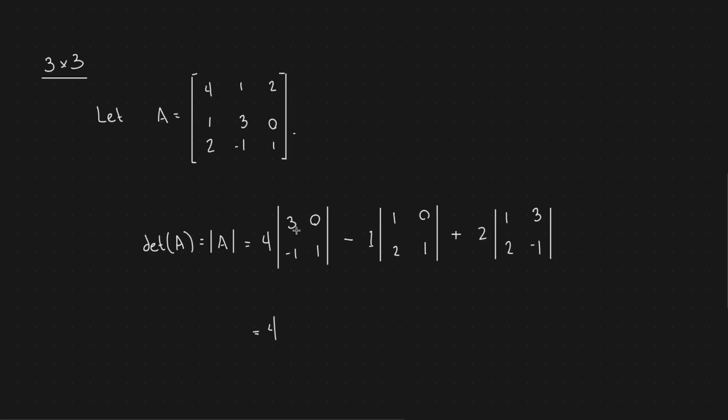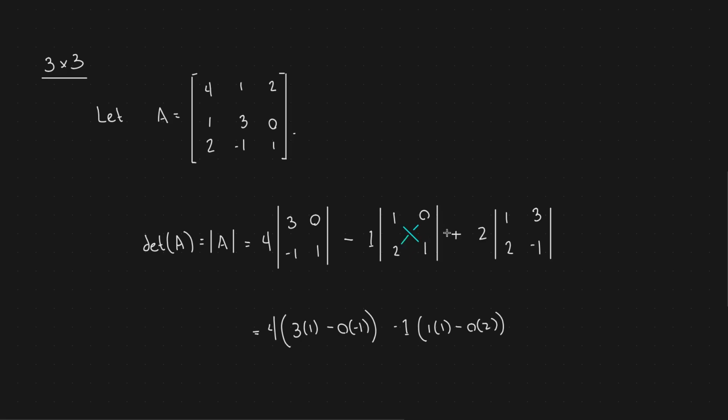Okay, so 3 times 1 minus 0 times -1. And I'll write it out since we're just starting off on this. Same thing here, 1 times 1 minus 0 times 2. Notice that order is important. First, you want to multiply the main diagonal and then subtract the product of the rest.